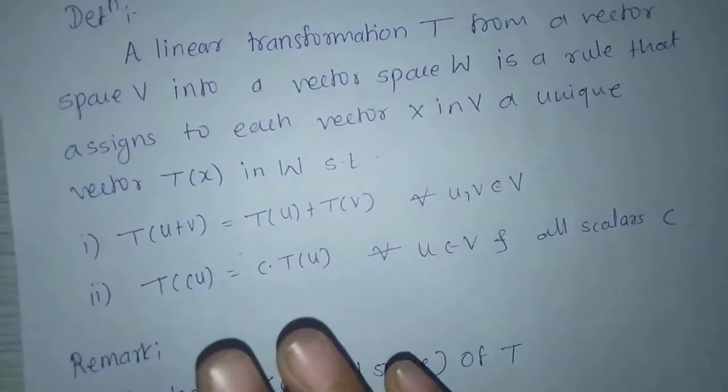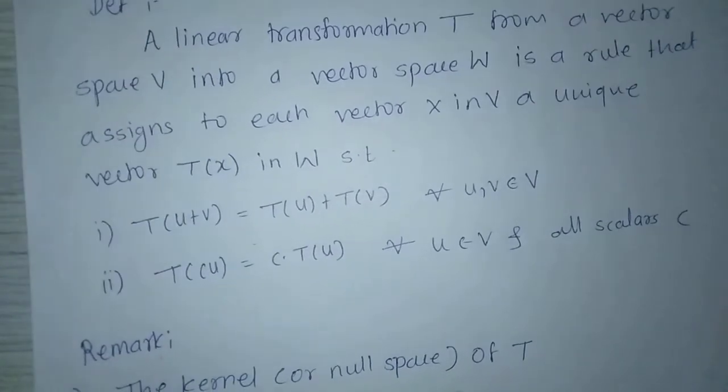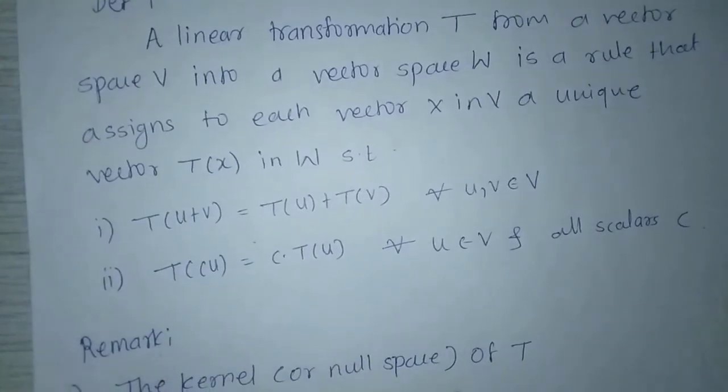Then we can say that T is a linear transformation from vector space V to vector space W.